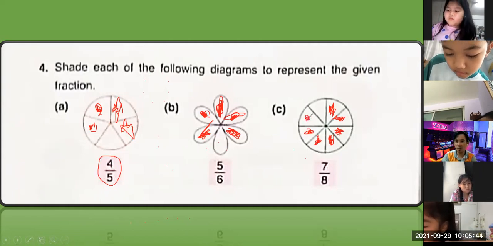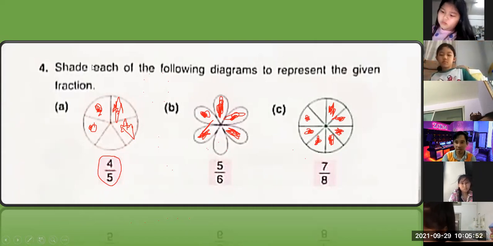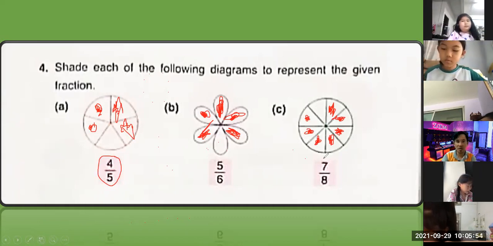So out of 8 equal parts, you shade 7 parts only. Just color the 7 parts. That's why we have here 7/8.